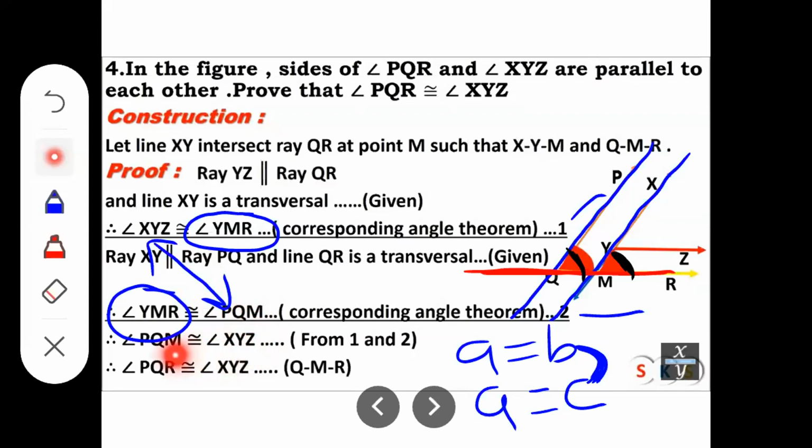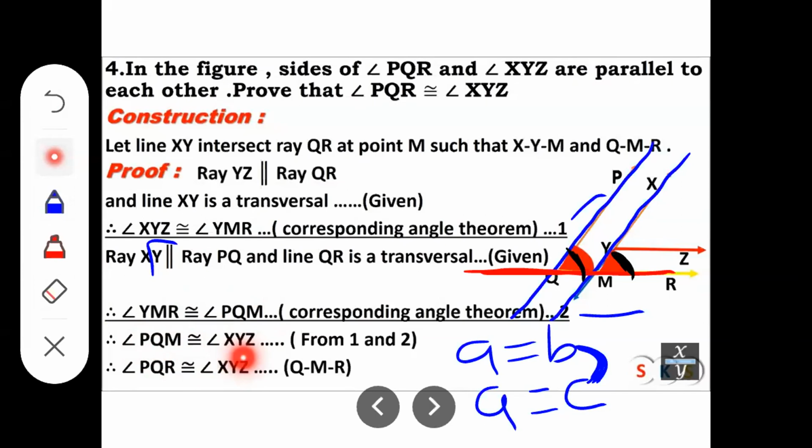So let's write this step here. Angle PQM is congruent to angle XYZ.